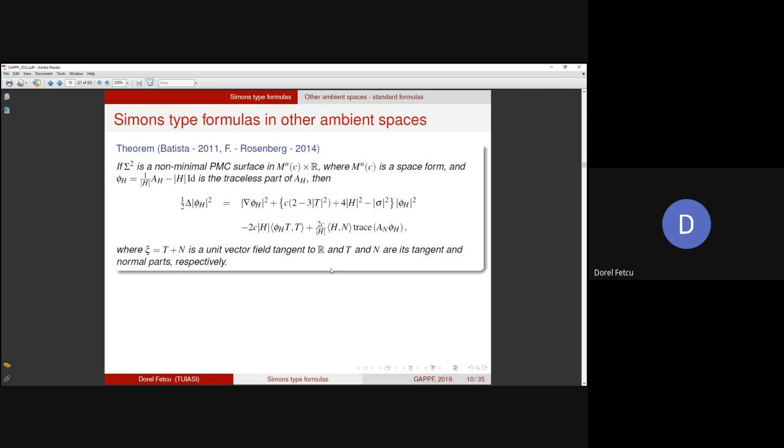For example, we have this theorem obtained by Batista in 2011 in the case when the space form in this product space has dimension 2, and in 2014 for the general case when the dimension of the space form can have any value.